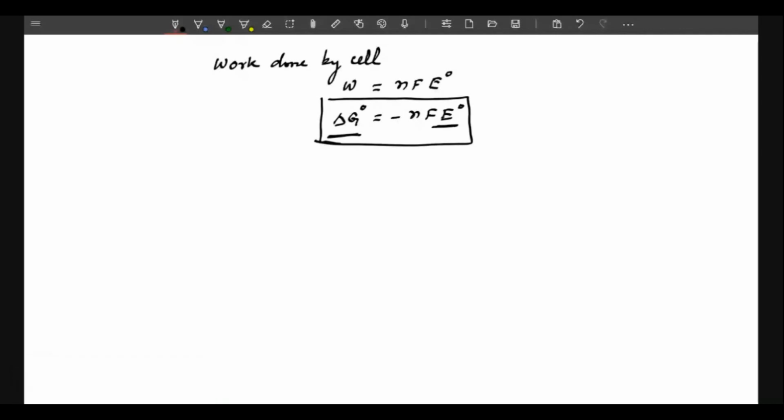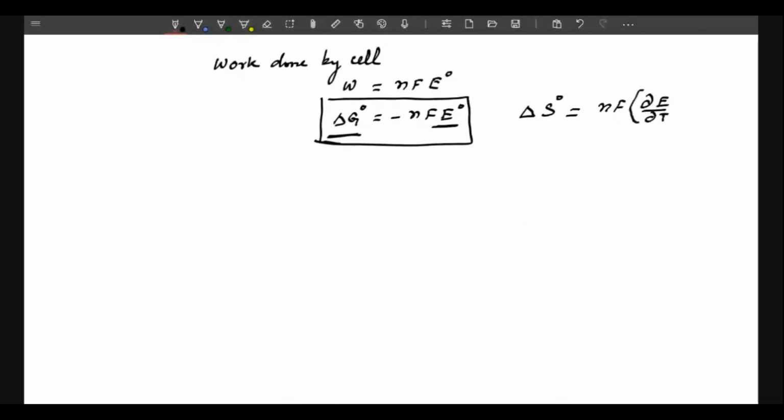First, we will work out some problems in this one. Delta G naught is equal to minus nFE naught. Then after finding out delta G naught, you can calculate delta S naught, the standard entropy change, as nF into dou E by dou T. What is dou E by dou T?